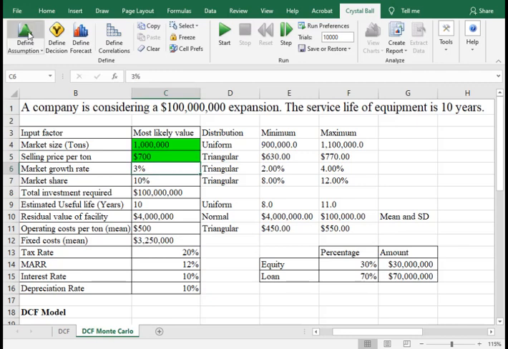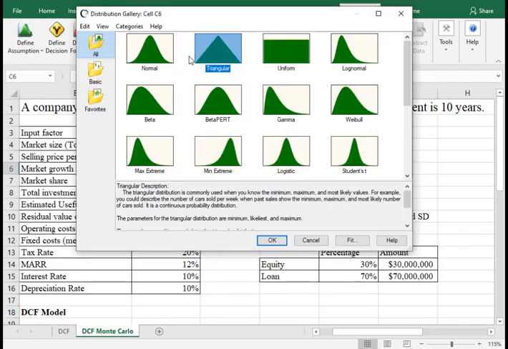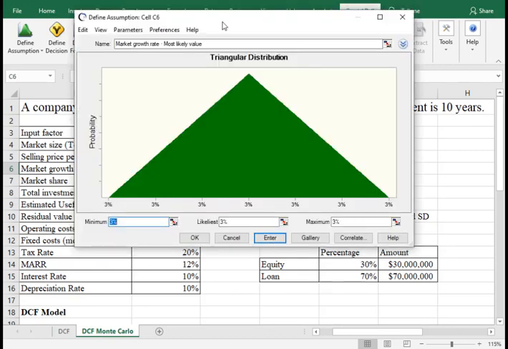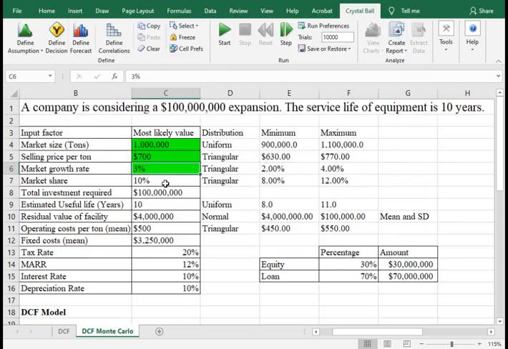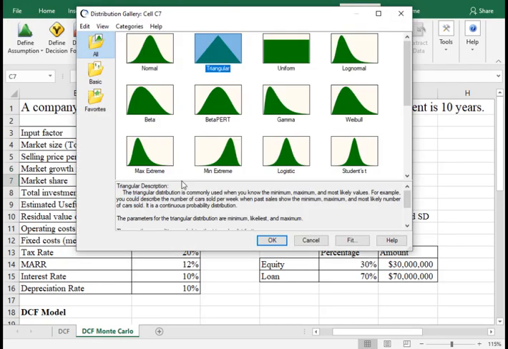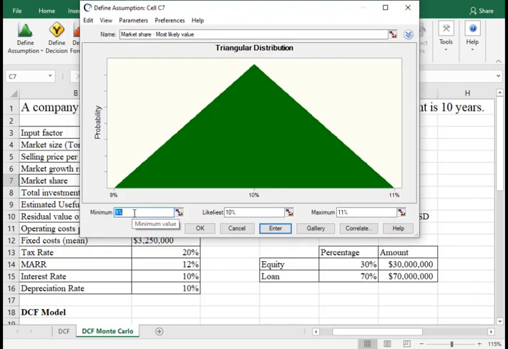For the market growth rate, triangular distribution is selected. Here the minimum value is 2% and maximum value is 4%. The market share of the company follows the triangular distribution with the minimum value of 8% and the maximum value of 12%.